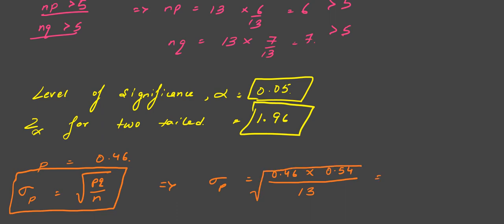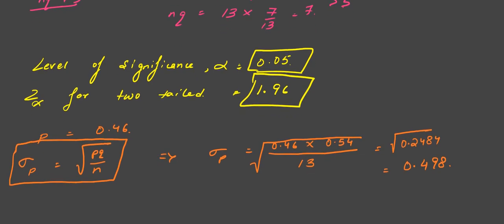Solving the integers below the root, we get 0.2484. You can solve them on your own and match your answer with ours, and after the root it gives us 0.498. So this is our value of standard error of proportion.